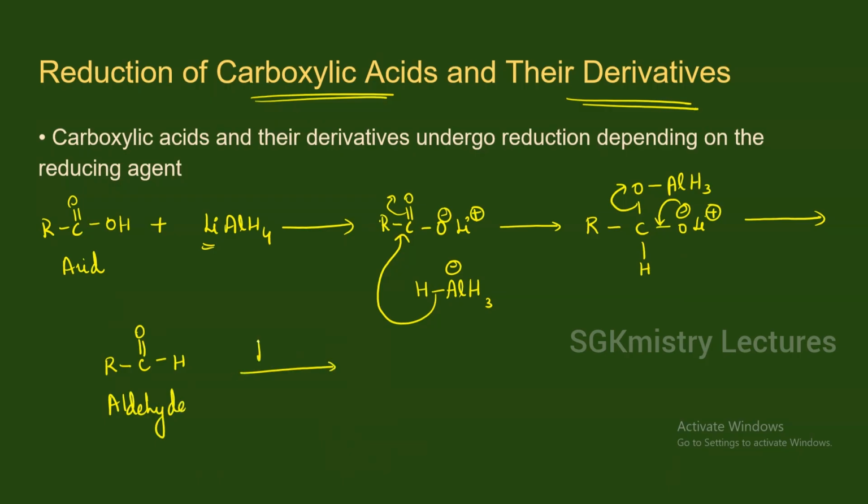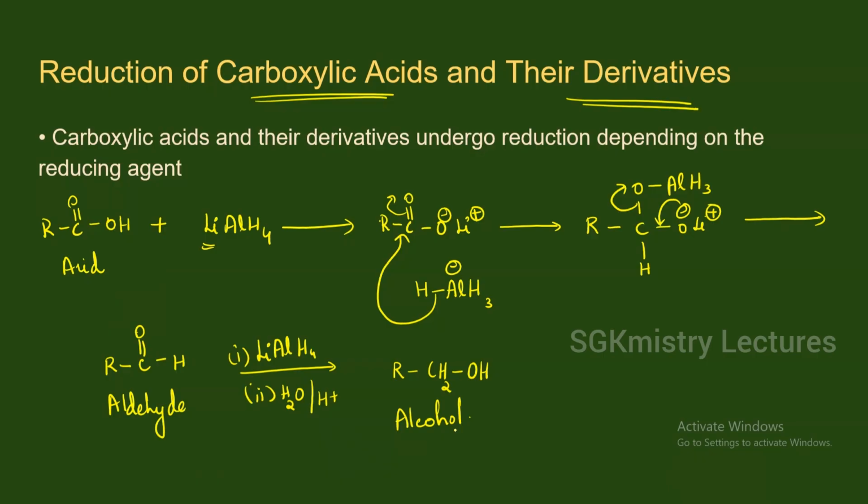Now again, if it is treated with lithium aluminium hydride followed by acid hydrolysis, the aldehyde can be further reduced to alcohol, a primary alcohol. So carboxylic acids on treating with lithium aluminium hydride are first converted to aldehyde and then reduced to the alcohol.